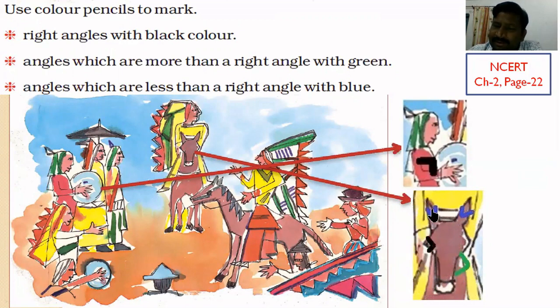And look at this on this ear, less than 90 degree. This is again exactly 90 degree, and this is more than 90 degree. Blue is for less than 90 degree, green is for more than 90 degree, and black is for exactly 90 degree. So in this way you can mark any angles here. Okay, complete this in your notebook.